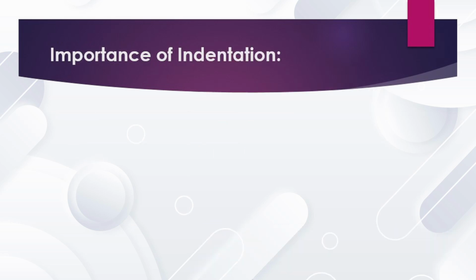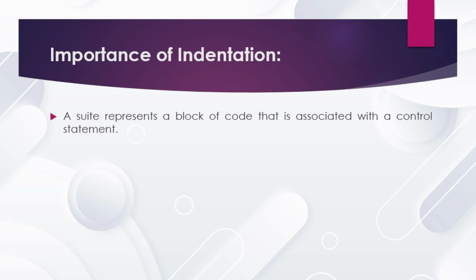In Python, it is also possible to write multiple statements that are executed together as a group when a particular condition is true. This group of statements is known as a suite. A suite represents a block of code that is associated with a control statement such as if, for, or while.